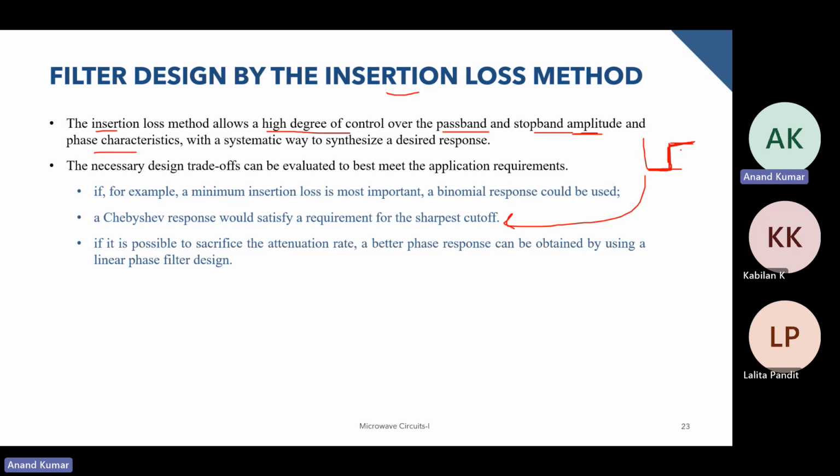And if you want the amplitude to not be disturbed, for example, in the Chebyshev filters we have ripples over here, and if you prefer that the passband should be very smooth, then you can go for a binomial filter, which gives the minimum insertion loss.